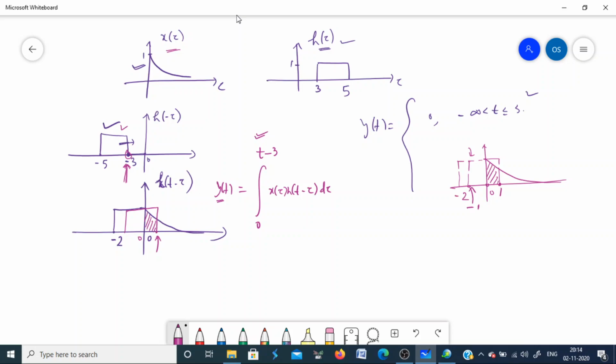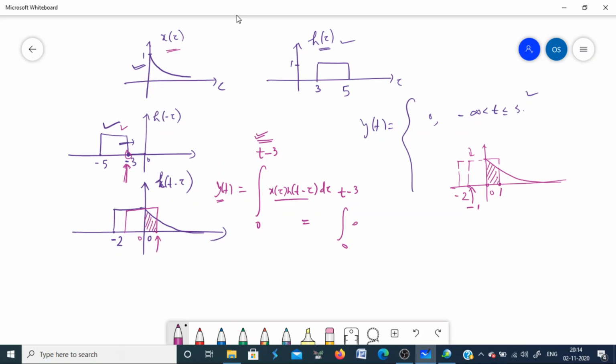If you shift by t is equal to 4, your overlapping is from 0 to 1 only, so 0 to t minus 3 only, not 0 to t. If you take 0 to t, it will go from 0 to 4. Okay, so you have to keep this in mind, and then you can simply integrate from 0 to t minus 3.